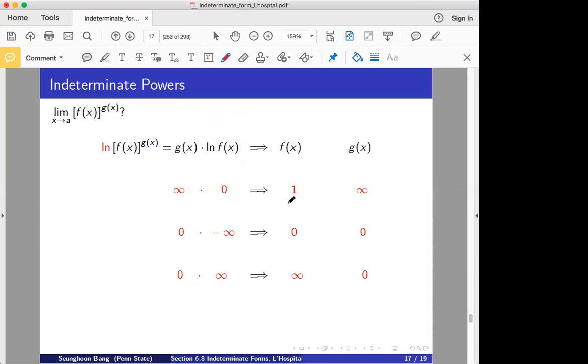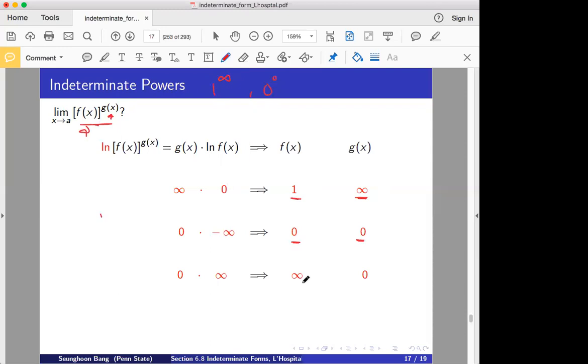You can plug into here. So we have the 3 kinds of indeterminate power forms. Here, f(x) is 1 and g(x) is infinity. You plug into here, so we have the 1 to the power infinity indeterminate form. Another one, f(x) is 0, g(x) is 0. Plug into the base and the power, we have the 0 to the 0 form.